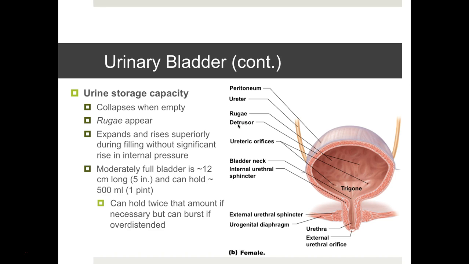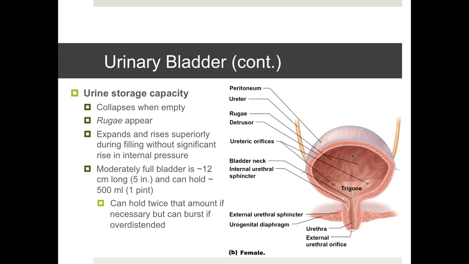Next, we have urine storage capacity. Just like our stomach, our bladder is going to kind of collapse when it is empty, and we are going to see these curvy mucosa layers in the innermost aspect of the bladder, and that is called rugae.